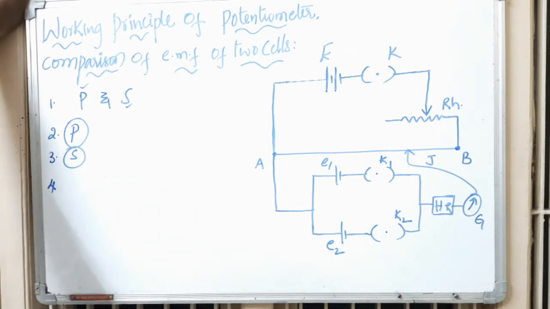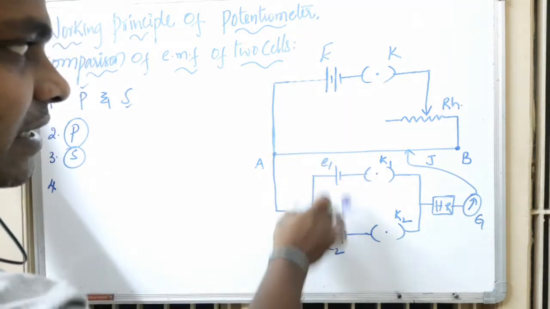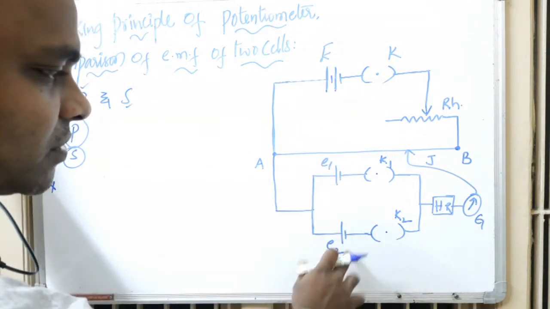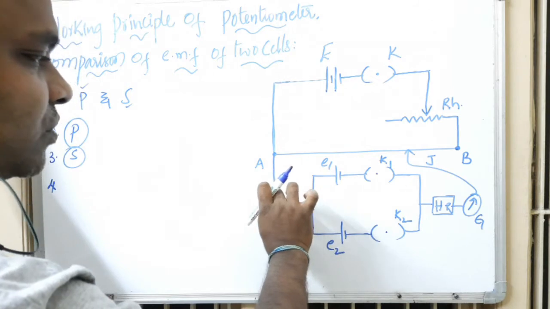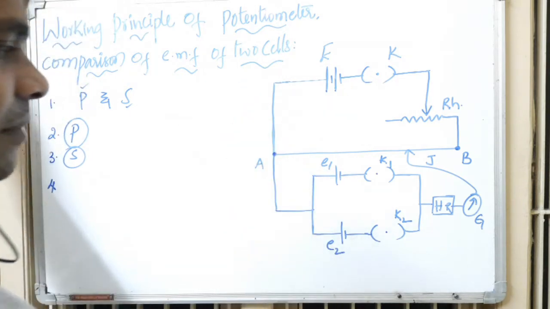Now coming to the fourth point. The positive terminals of the two cells in the primary and the secondary circuits: here, this is the positive terminal, and here this is positive and this is positive. All these positive terminals are connected to terminal A. Clear?